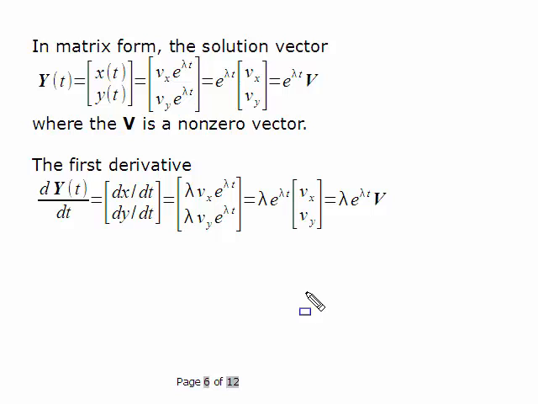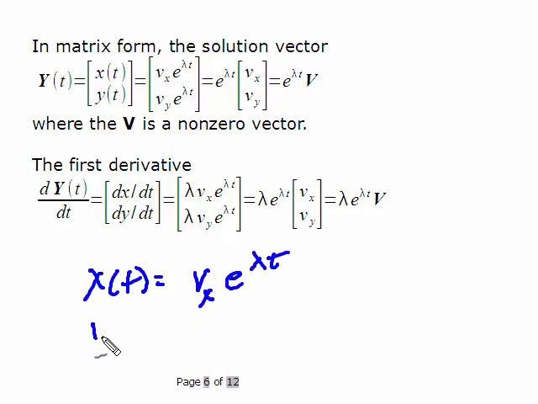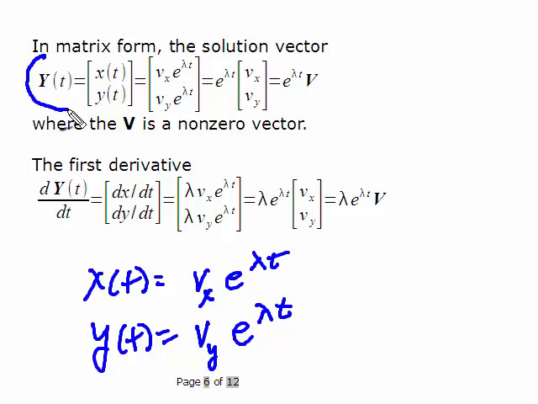So again, I'll write it here in case you have forgotten it. We're saying that x(t) is some constant times e to the lambda t. y(t) is another constant times e to the lambda t. Okay, and we're going to write that solution vector in terms of those. So here's x(t), I write it like that, and I can obviously factor out the e to the lambda t.